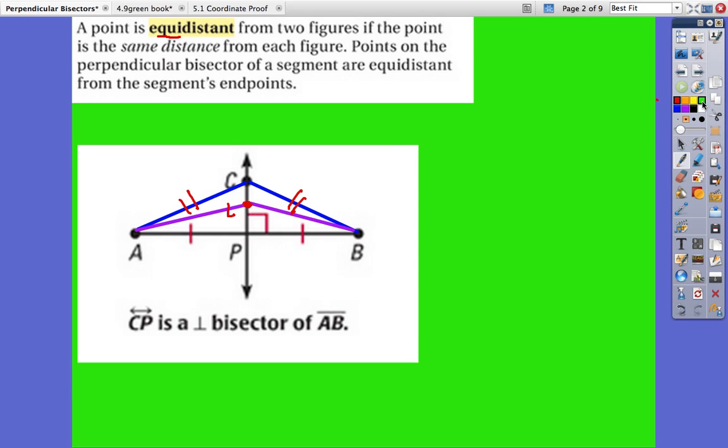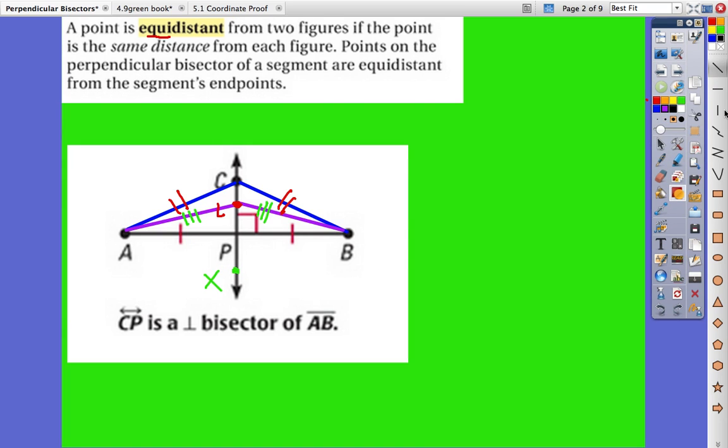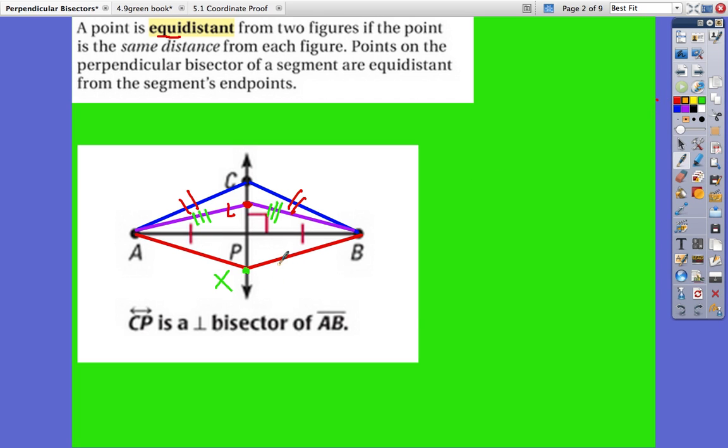So LB is congruent to LA. So any point you can pick, it can even be down here. If you pick a point called X and we connect X to B and then X to A, XB is going to be congruent to XA.